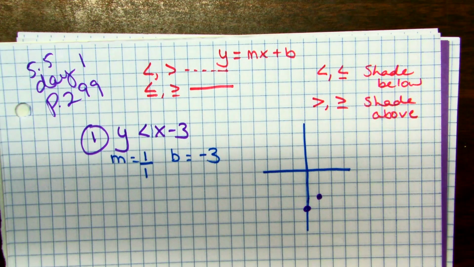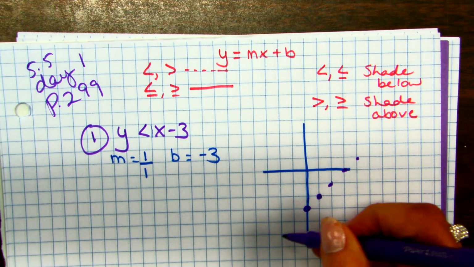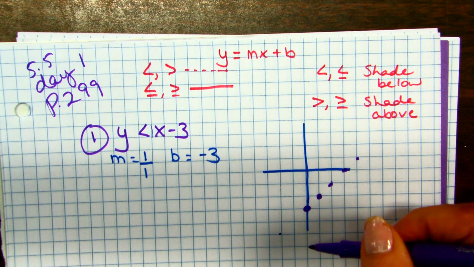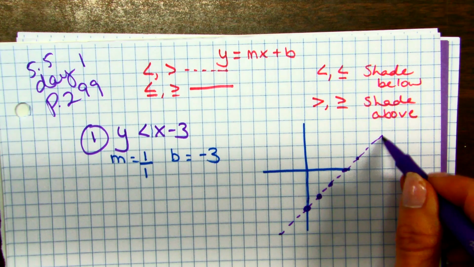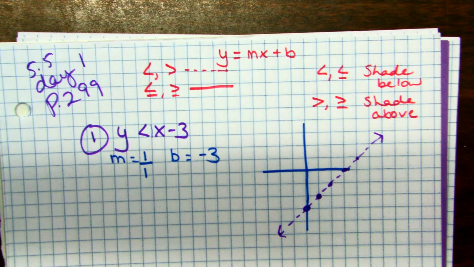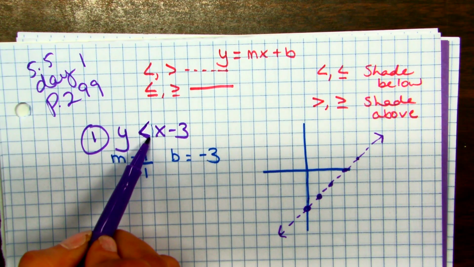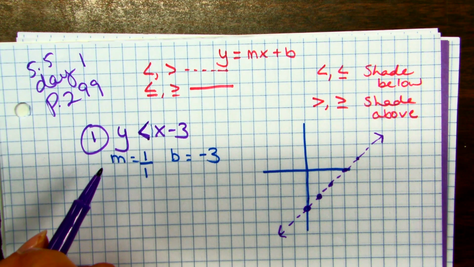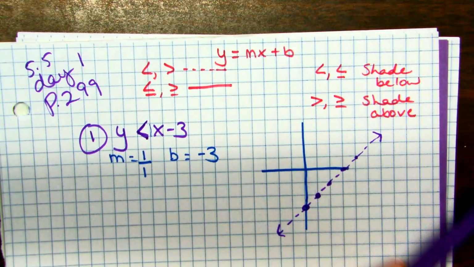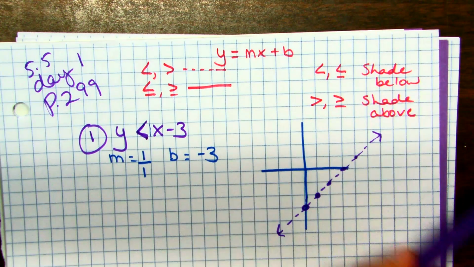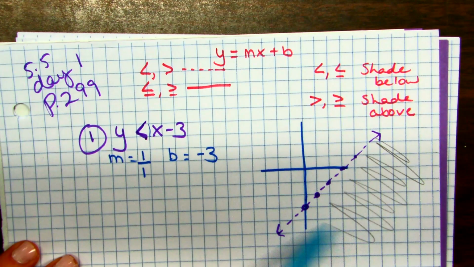You only need 2 points. Sometimes I like to do a few more just to make a nicer line. Oh, dotted or solid? Dotted. And this is less than, so we want to shade below. A or B? B. Yes, below is less than.